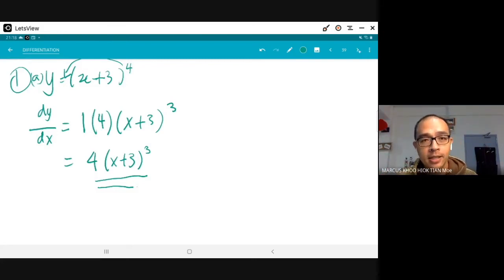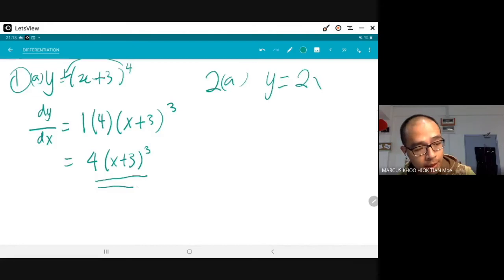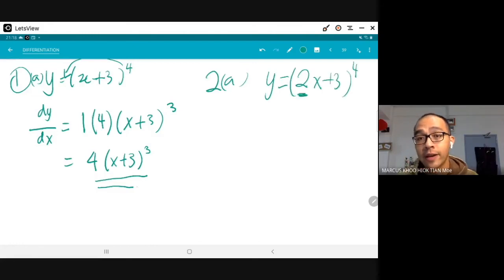Okay, 2a. y equals (2x plus 3) to the power of 4. Now there's a number in front of the x, so a slightly different situation. Since there's a number, the first derivative, the gradient function, or dy/dx is, what is the number a?